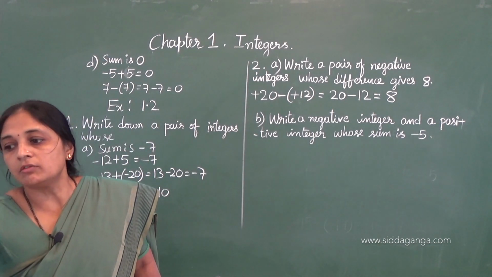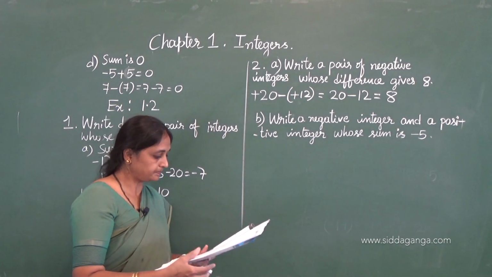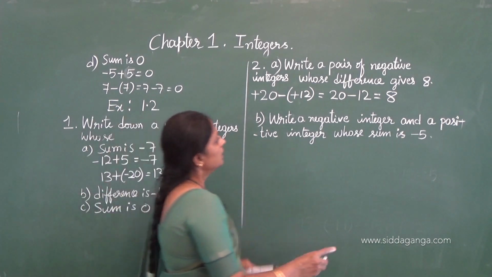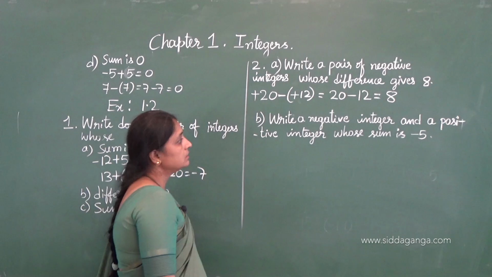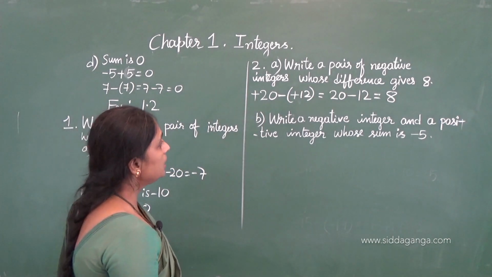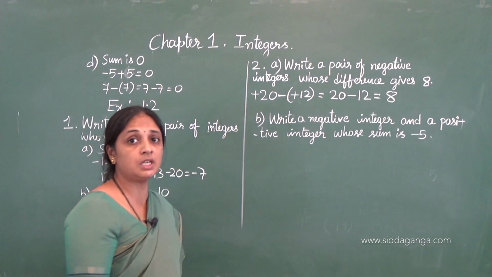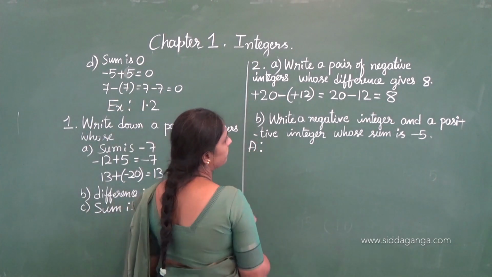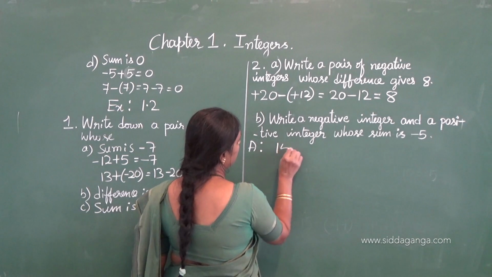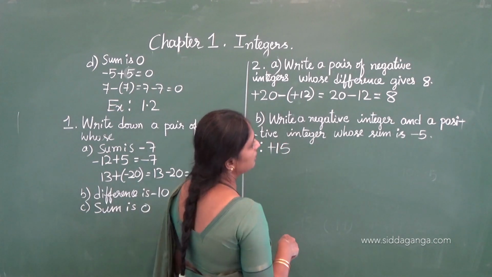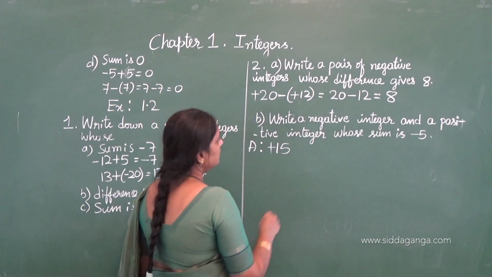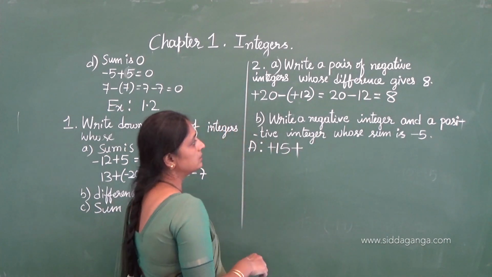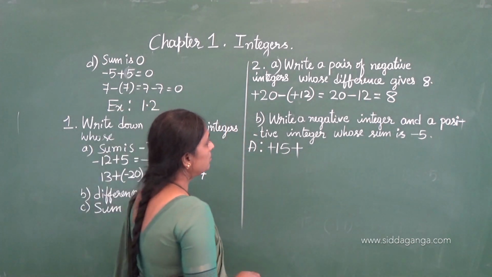Then what can we take here? A negative integer and a positive integer, and the operation is addition. Then we can take 15, that is one positive integer, and the sum is minus 5.